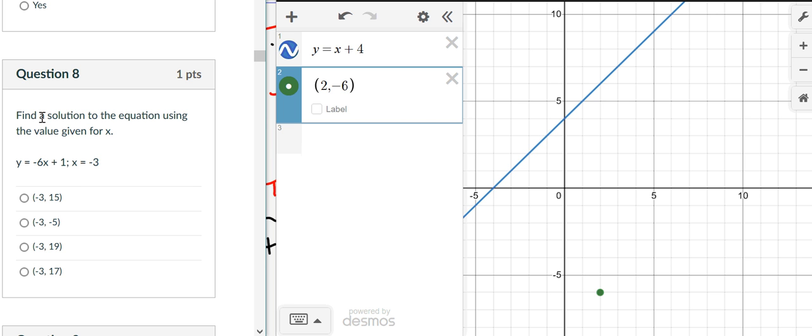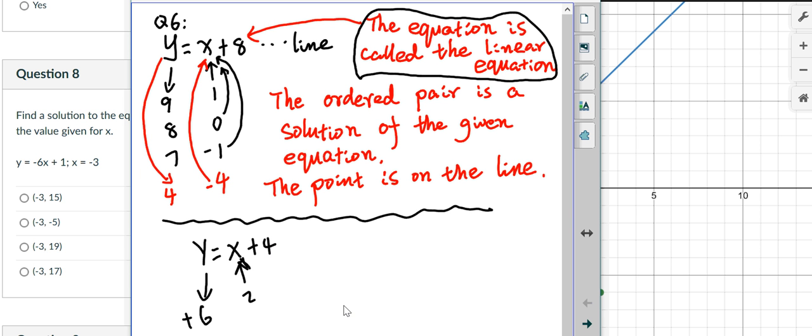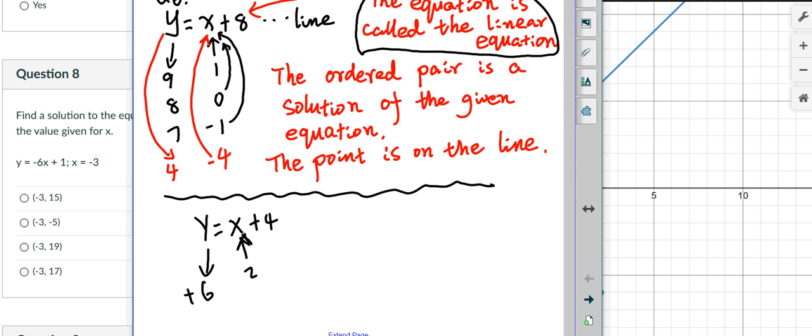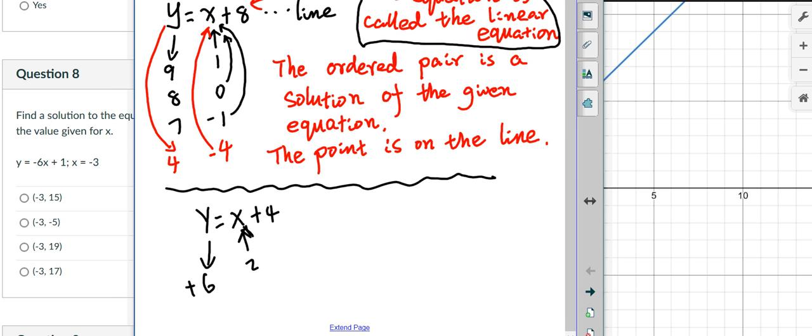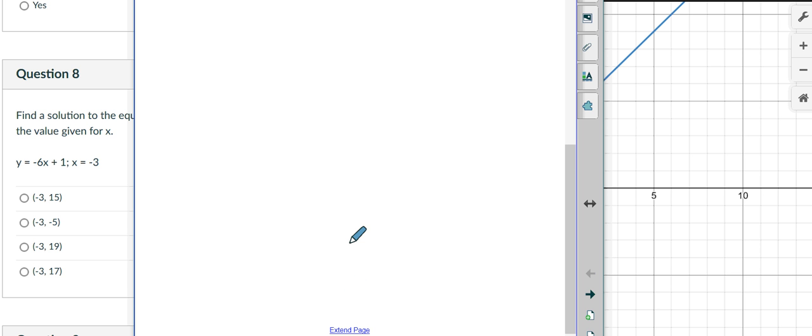Now here we want to find a solution to the equation using the value given for x. So you are given -3, you want to find out the value for y. So let's calculate that. Let's work on question 8.